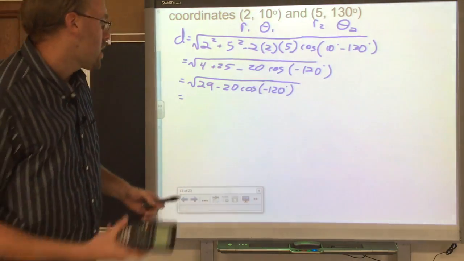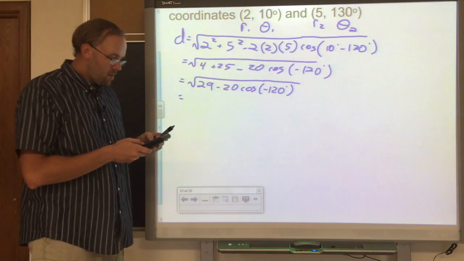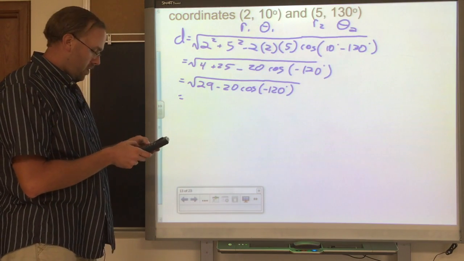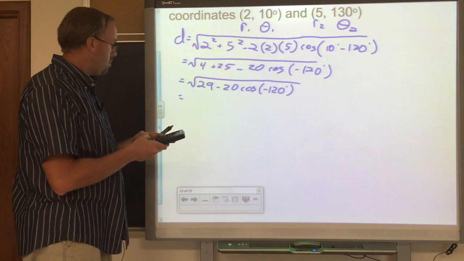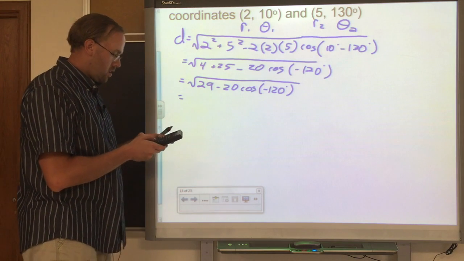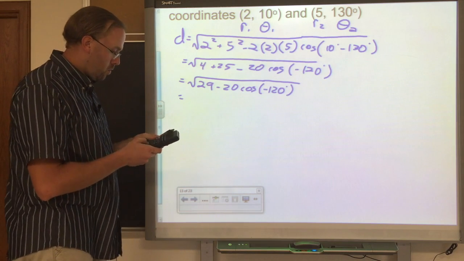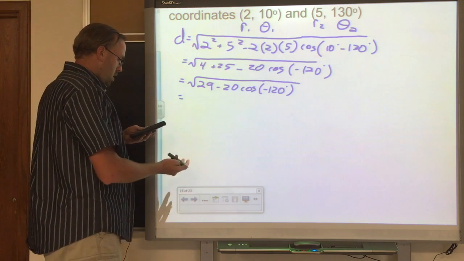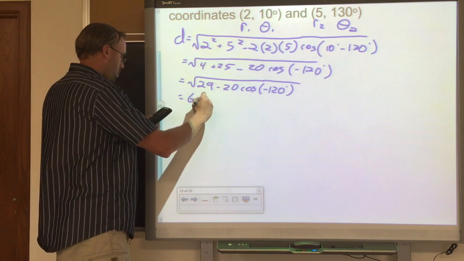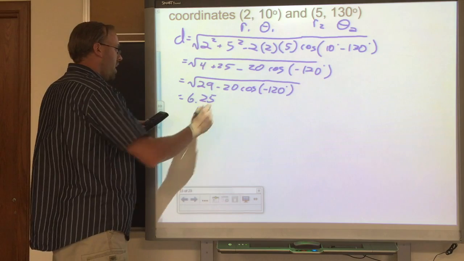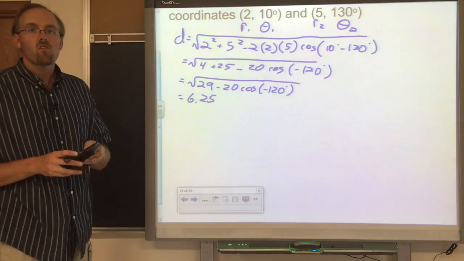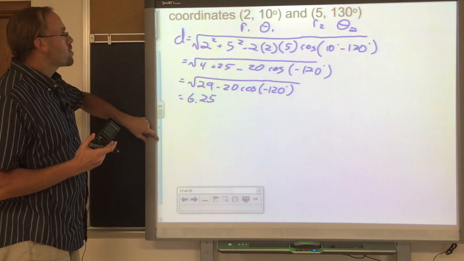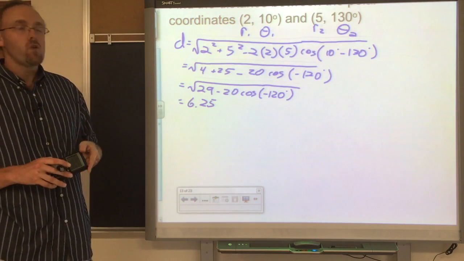If I reach for my calculator, again, I need to be sure that I'm in degree mode for this. Square root of 29 minus 20 cosine negative 120 degrees, and we get 6.25 units. And that is the straight line distance between those two points.